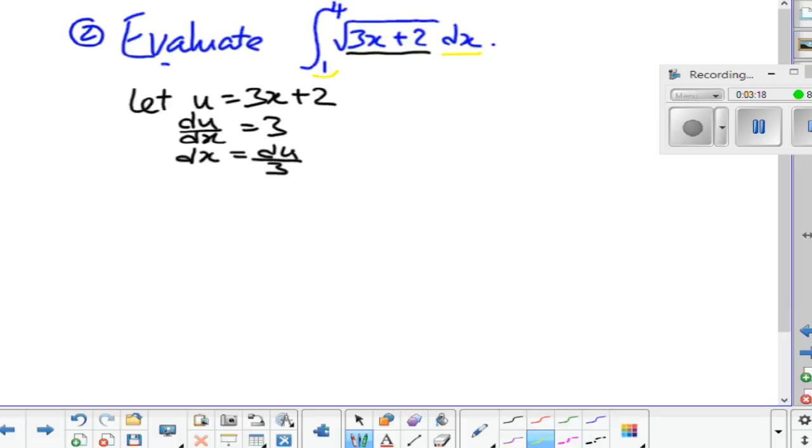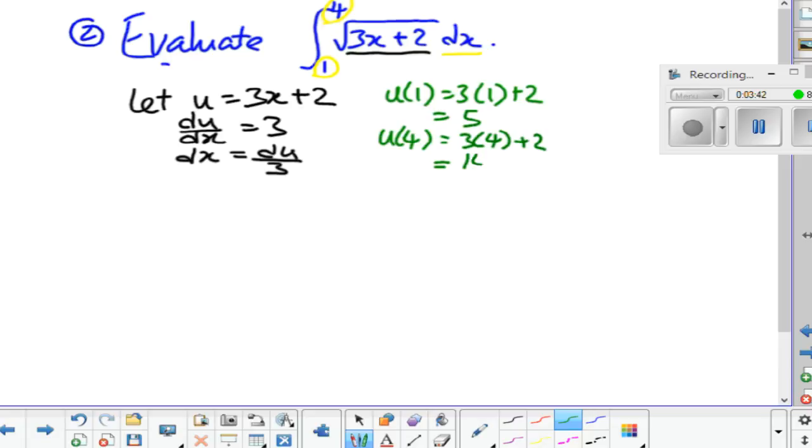Next, just like before, we need to consider the two boundaries. u of 1 is 3 times 1 plus 2. That's going to be 5. And u of 4, in this case, is 3 times 4 plus 2. That's 14. So now we are ready to do the substitution.